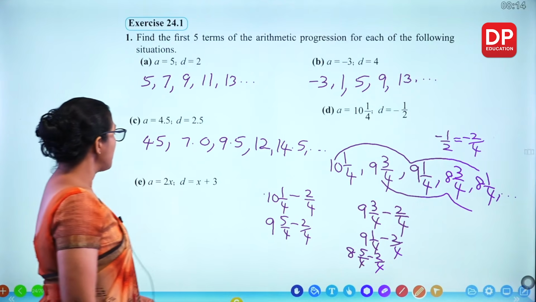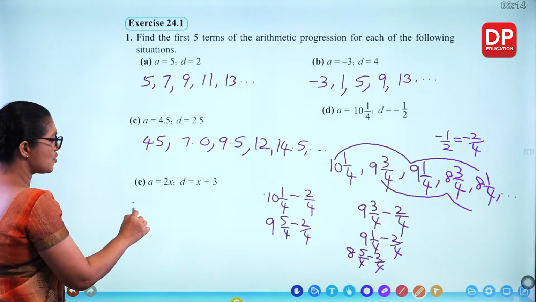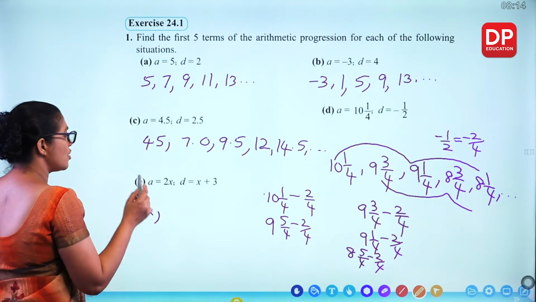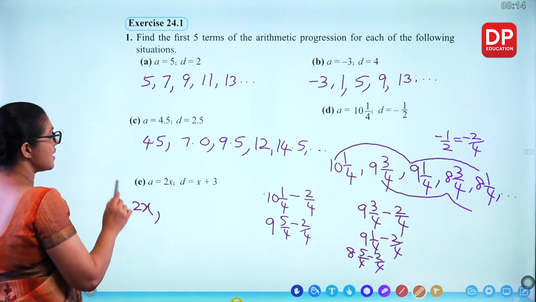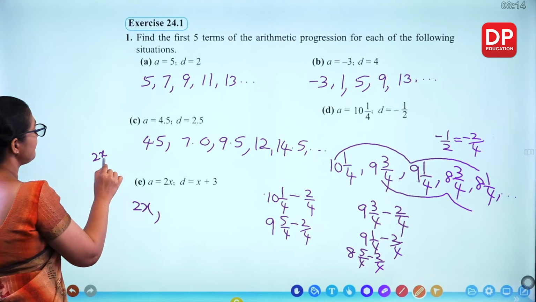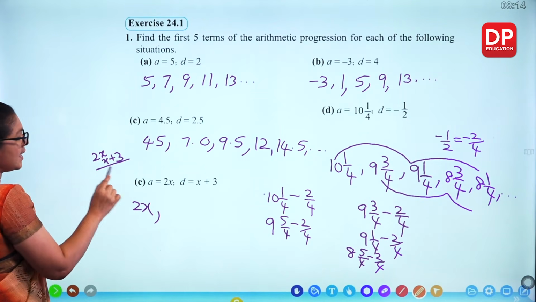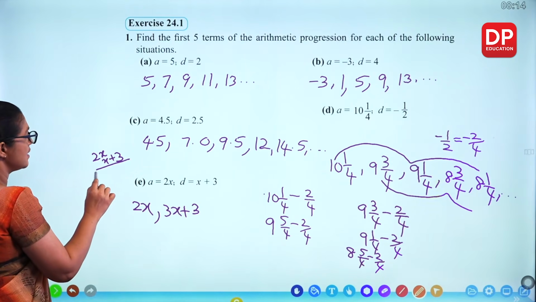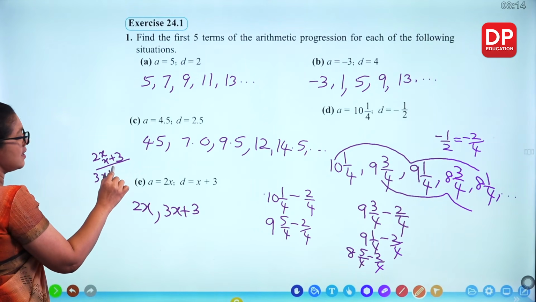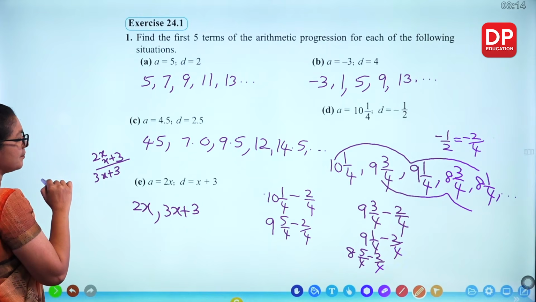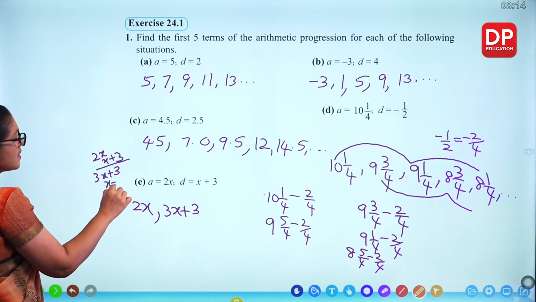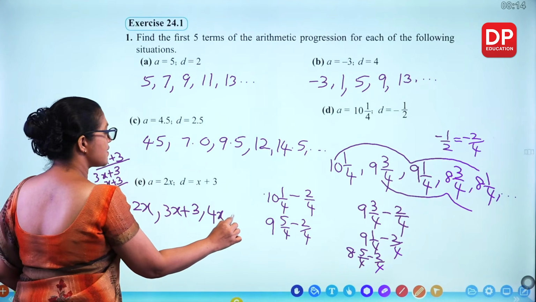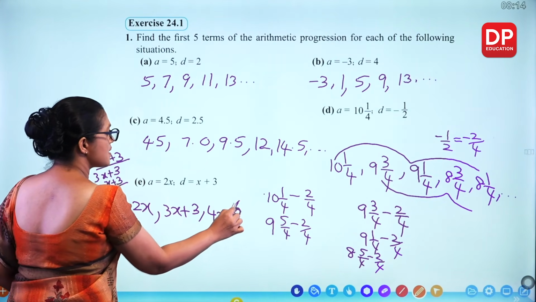Now this one, part E, the starting value is 2x. You have to add x plus 3. So 2x plus x plus 3. 2x and x is 3x plus 3. Adding x plus 3. 3x and x is 4x, plus 3 and 3 becomes 6.